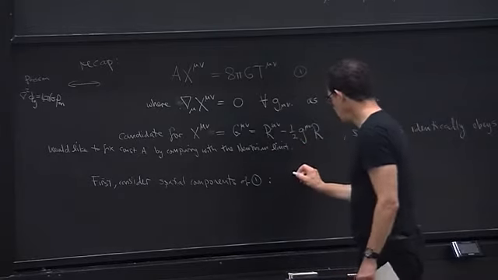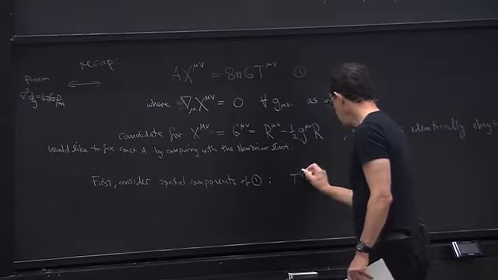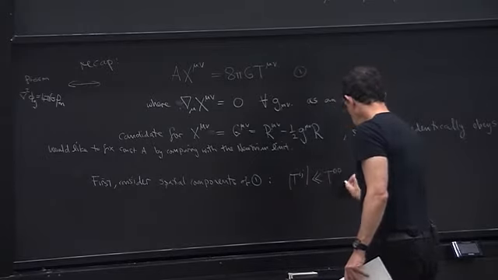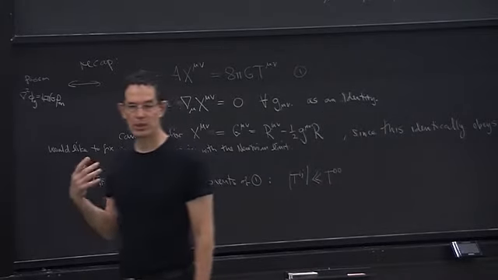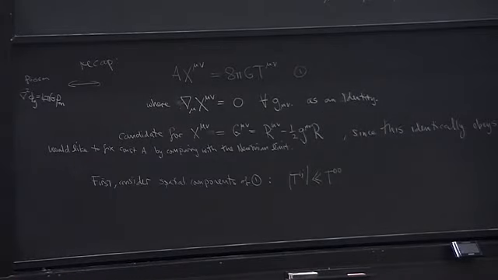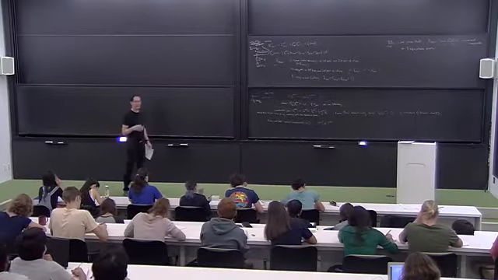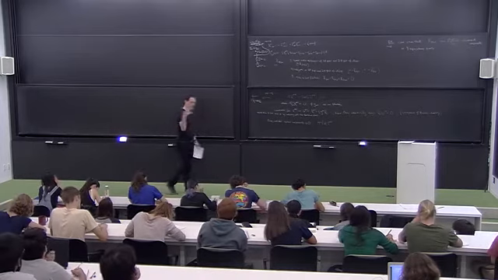Now, by assumption, we have Tij much less than T naught naught, right? That was the assumption that the pressure is negligible compared to the energy density. And for typical forms of matter, like a gas, the pressure depends on the square of the velocity of the particles.